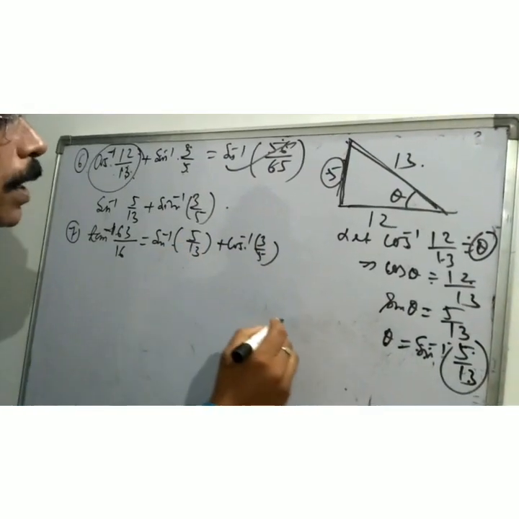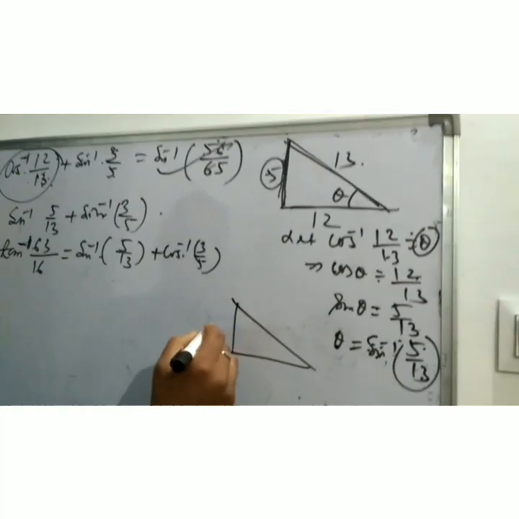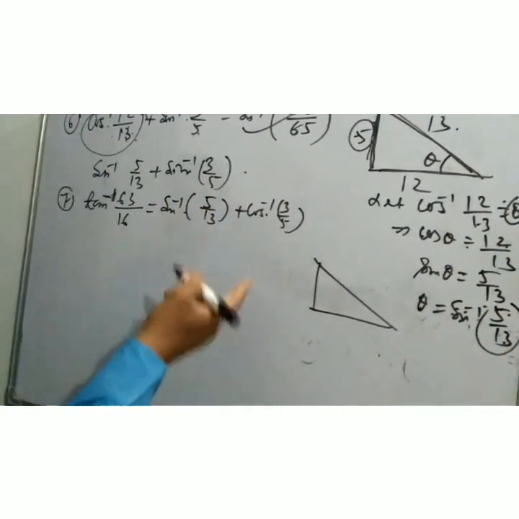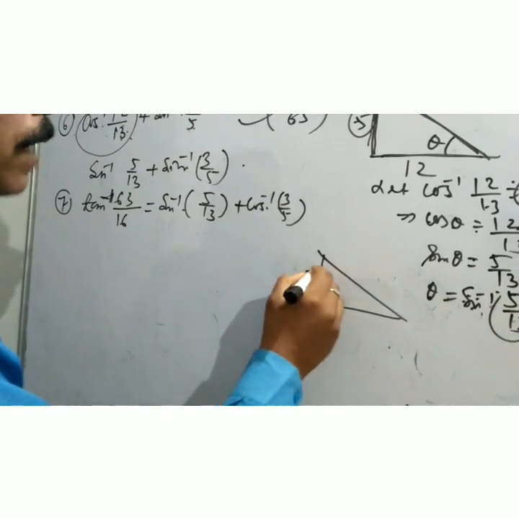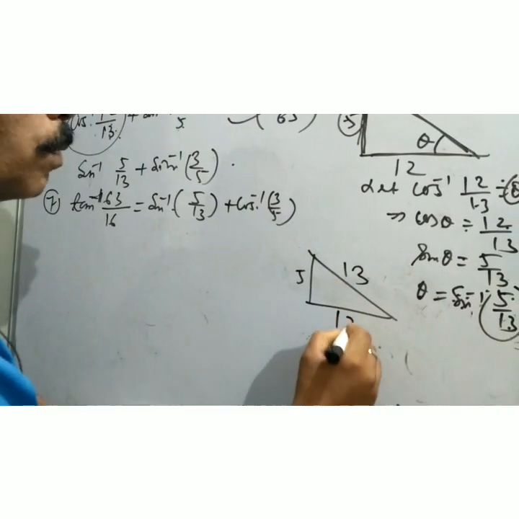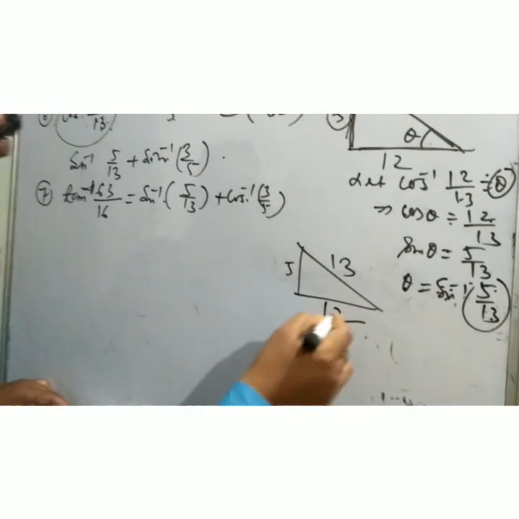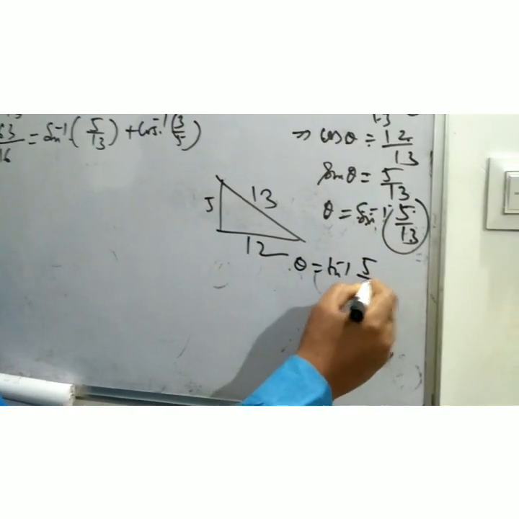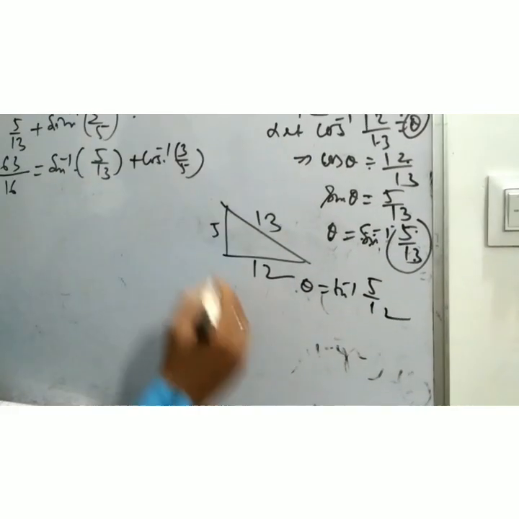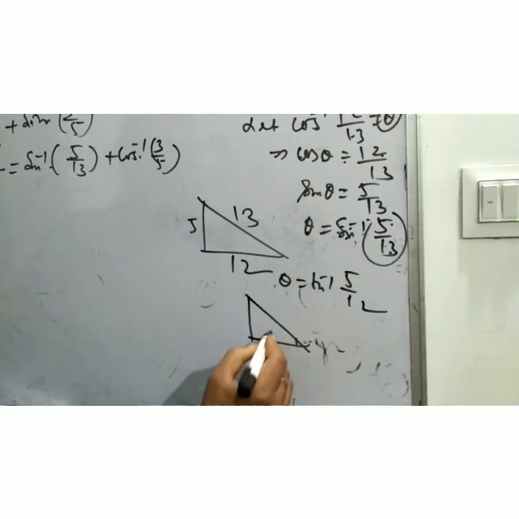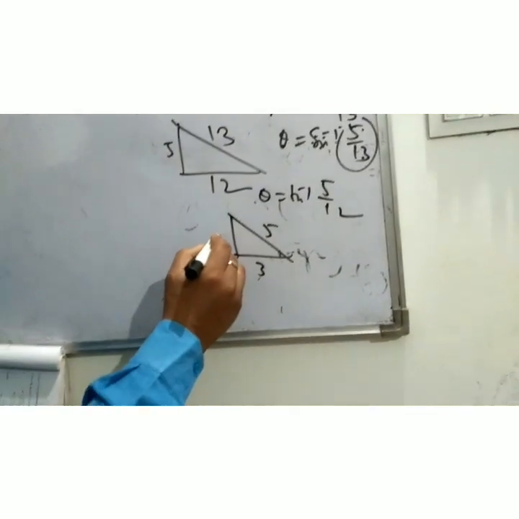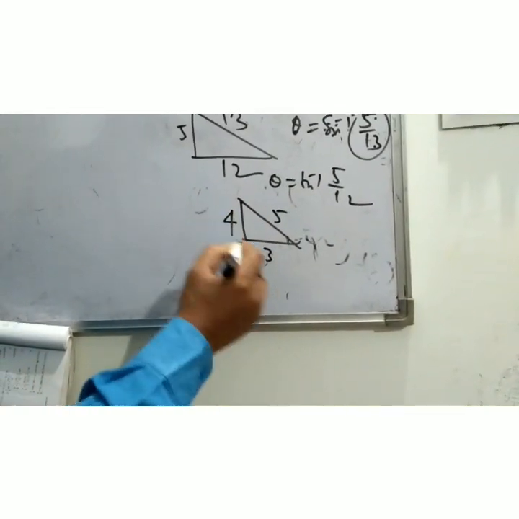So sin inverse 5 by 13 equal to theta. So sin theta is equal to 5 by 13. So it will be 5, and 13, and using the Pythagoras theorem, 12. So tan inverse theta is equal to tan inverse 5 by 12. Again cos inverse 3 by 5: 3, 5, so the other side will be 4.